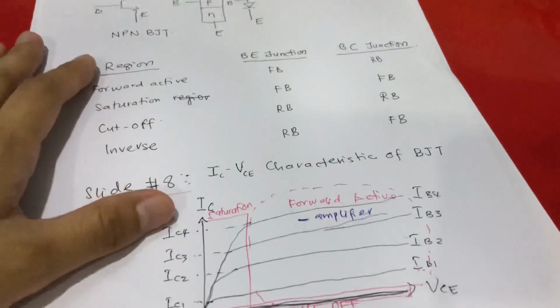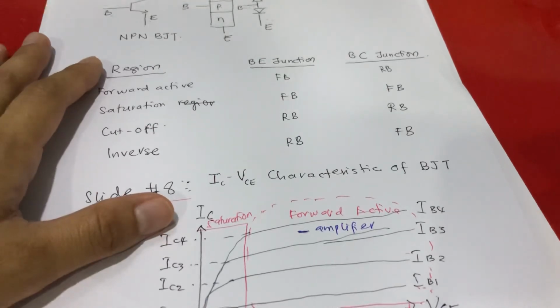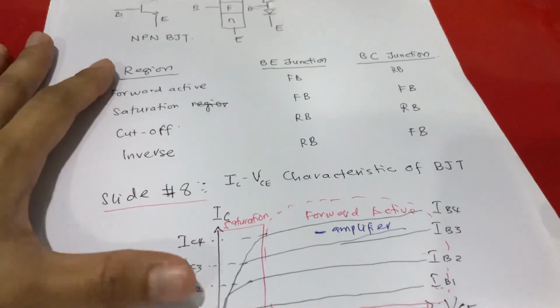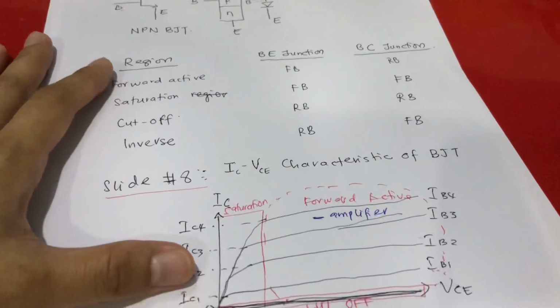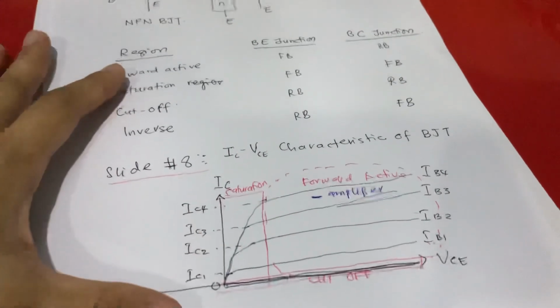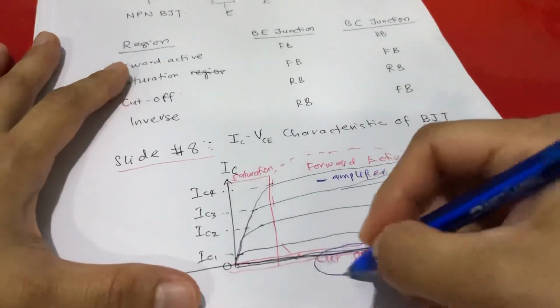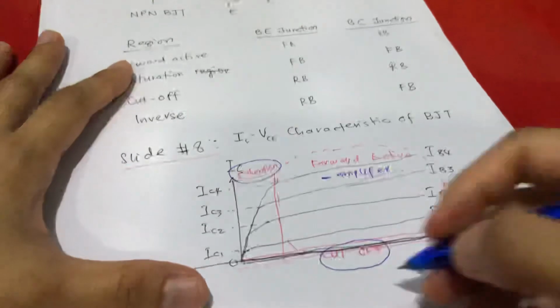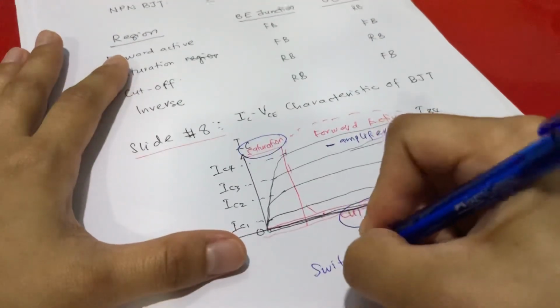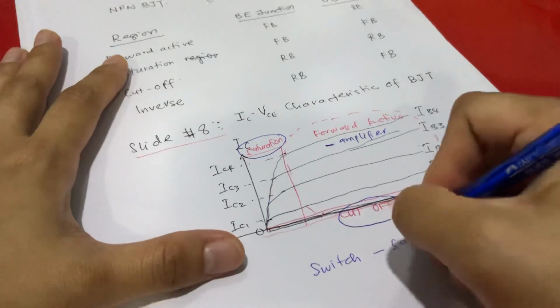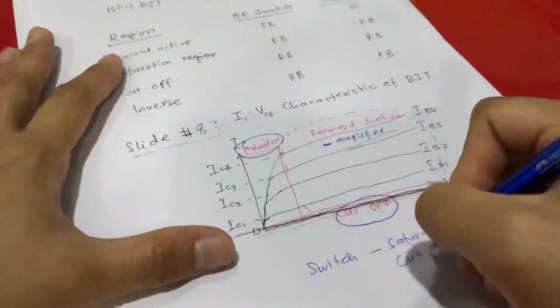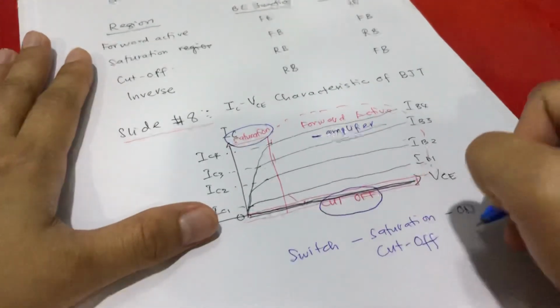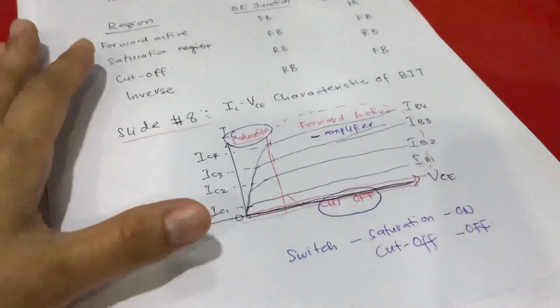If we want to make this BJT work as a switch, I'm not sure which subjects you learn about switching, maybe power electronics. The transistor will work between the cut-off and saturation regions for a switch: saturation when the switch is on, cut-off when the switch is off.